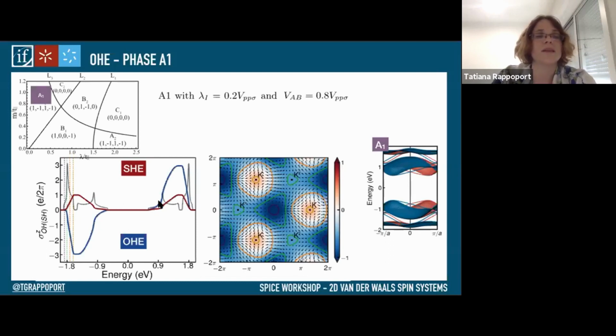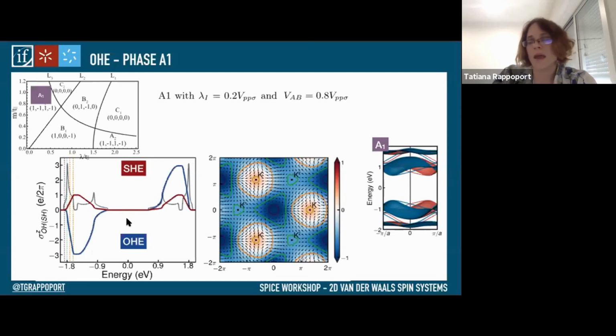We don't have the central plateau, the spin Hall effect plateau. But if we look at the lateral plateaus for the orbital Hall effect, they are still there. On one side, they are opposite to the spin one, and on the other they are the same sign. And again, they vary with the parameters of the Hamiltonian.